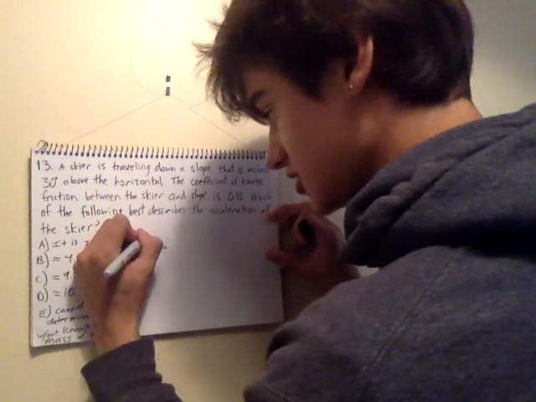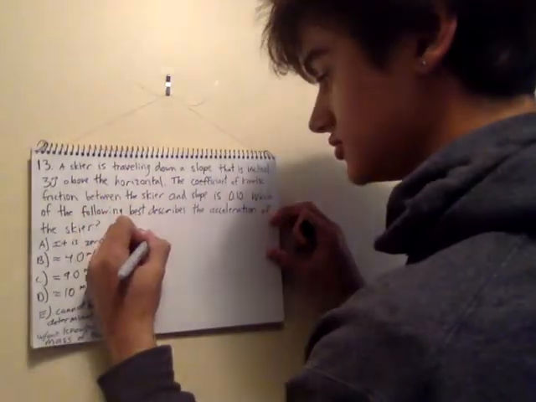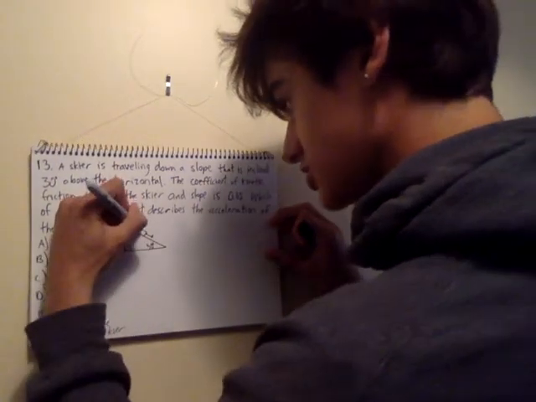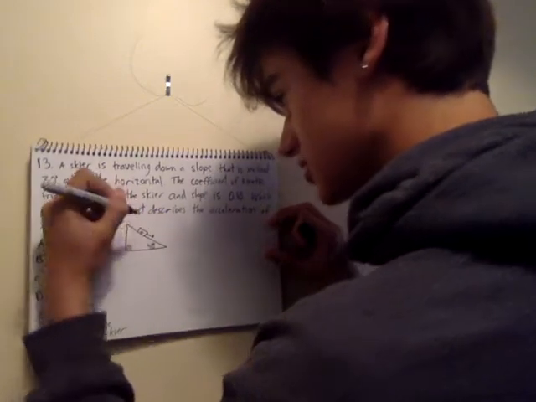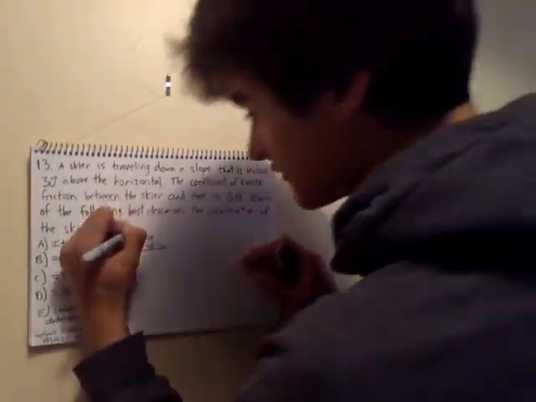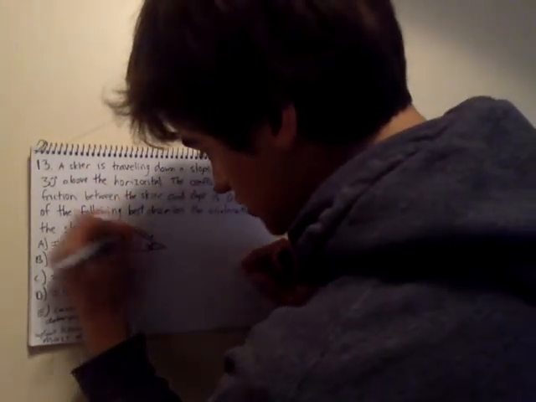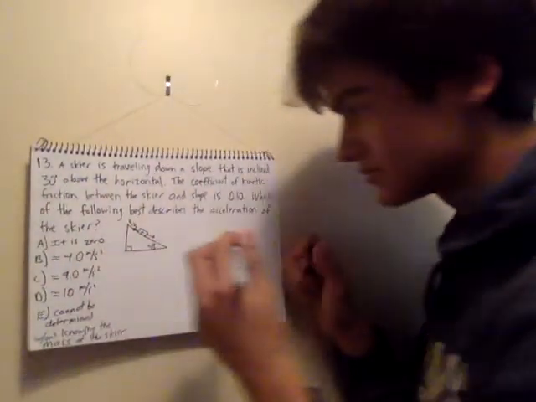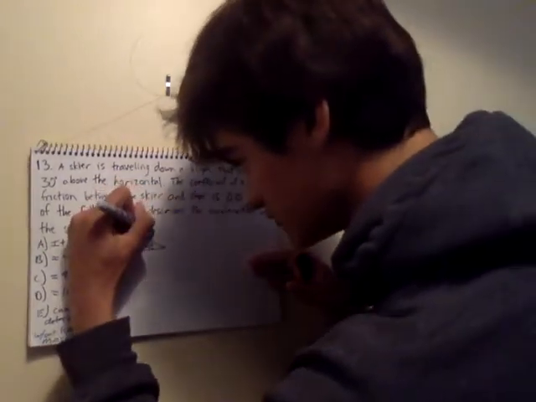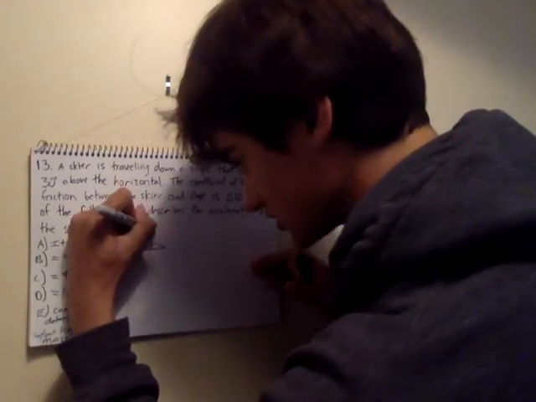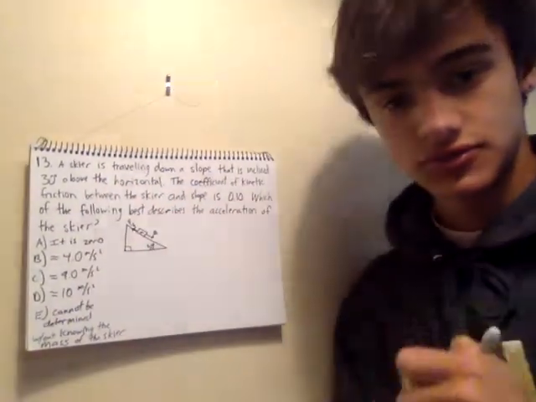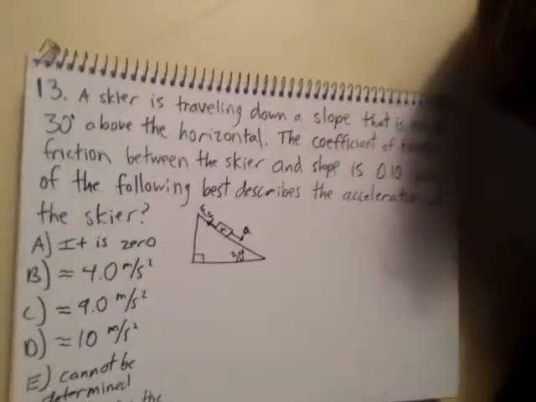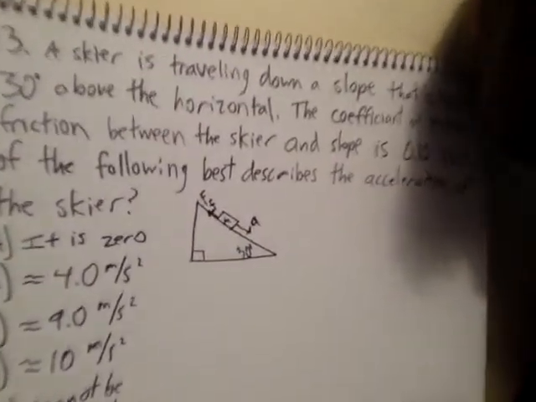So he's going to be accelerating down the hill, on the slope. This is our mass. And then we're going to have some kinetic friction, so I'm going to draw that right here. Force of friction. And here's our acceleration force. We're accelerating down the hill.